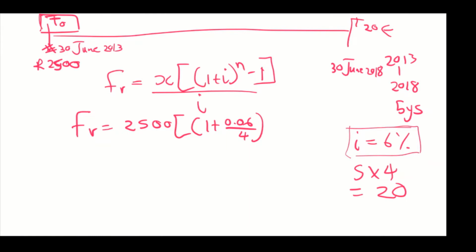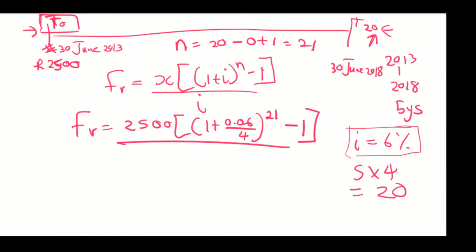So to find n, we're going to say 20 minus 0 plus 1, which will give you 21. So our n is 21. Minus 1 there, right?